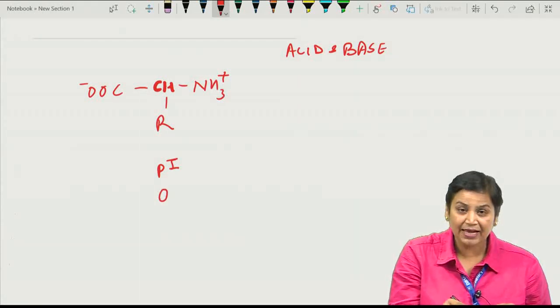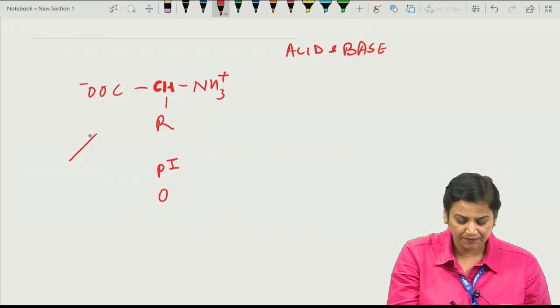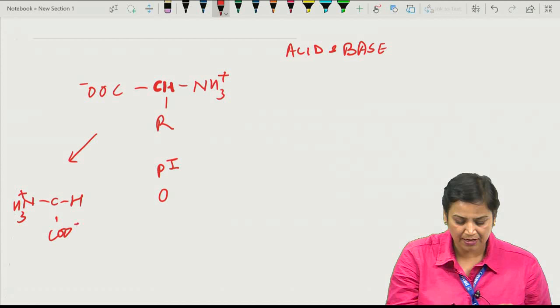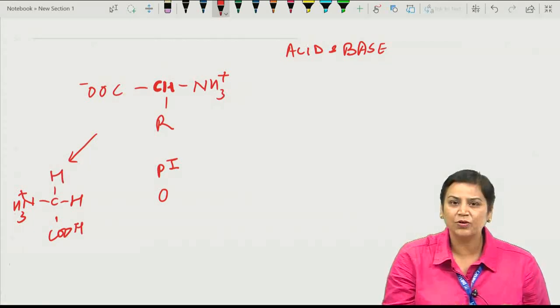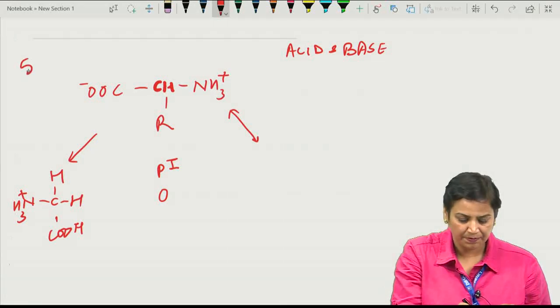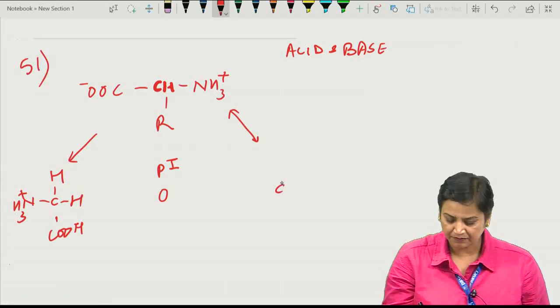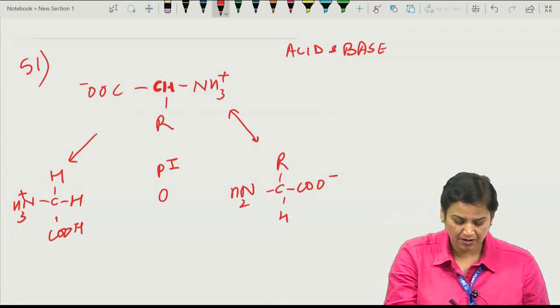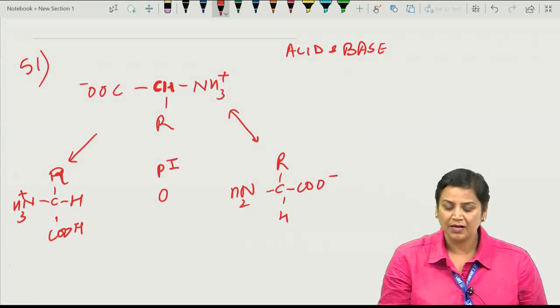If we take the acidic side, what will happen? It will have this type of structure, with positive NH3, COOH, and on the alkaline side it will have this structure, with R in general.